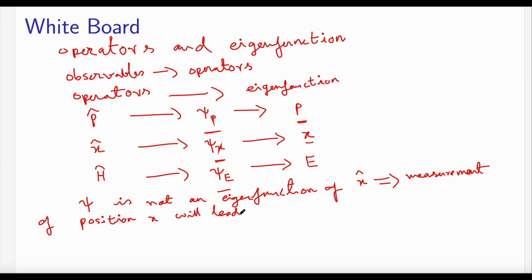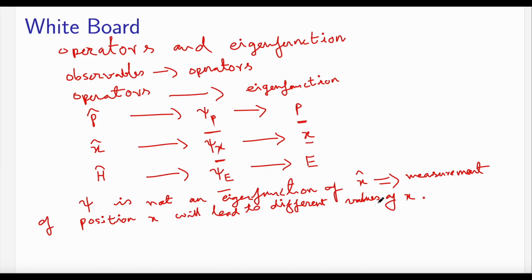We will not get one particular value x, but we will get various different values of x. So this is the concept of eigenfunctions and eigenoperators.